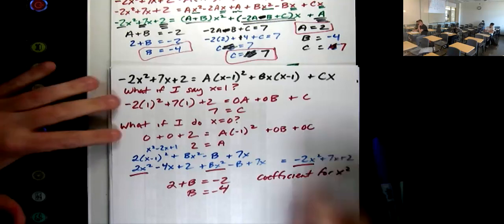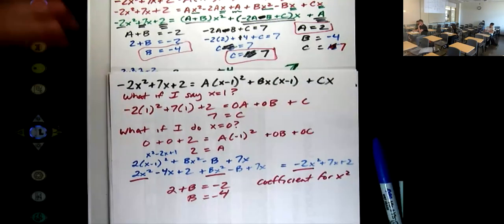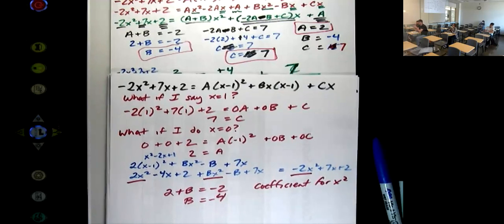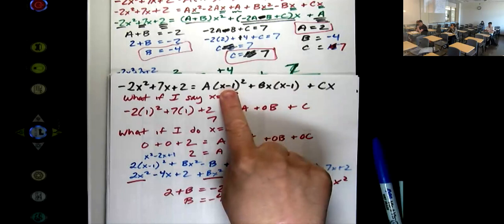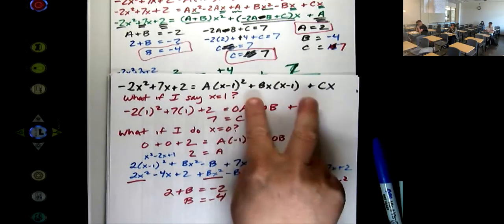And how did you pick x equals 1 and x equals 0? Because those are the ones that made everything go away. That's how this got easy. The way I picked it is I went, what's going to make this go away? What values for x can I plug in that's going to make everything go away?